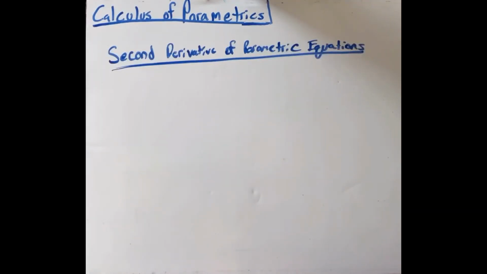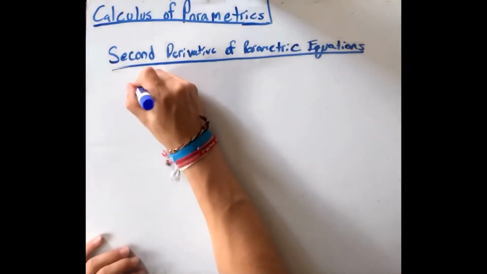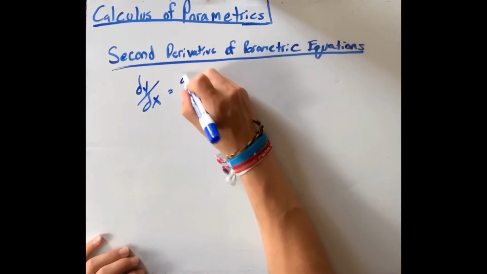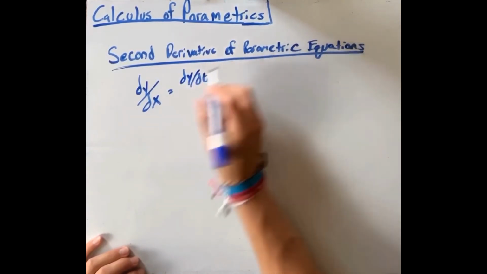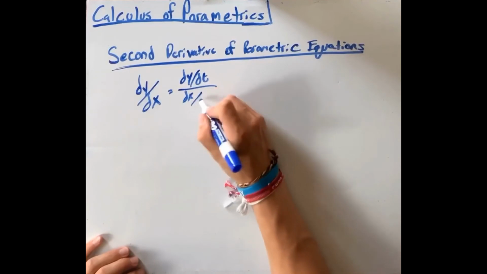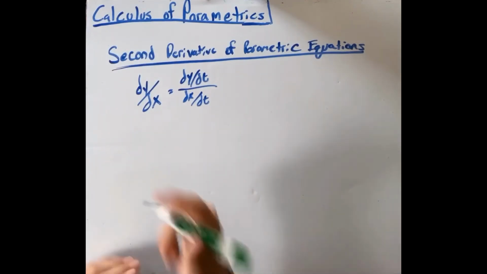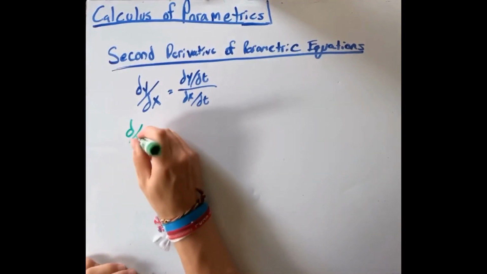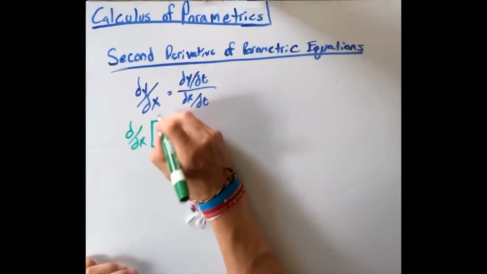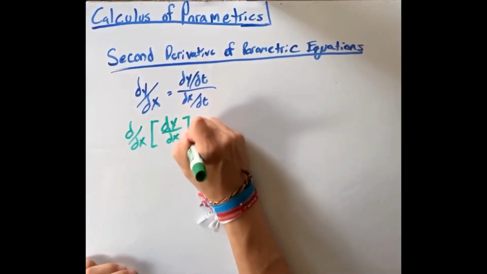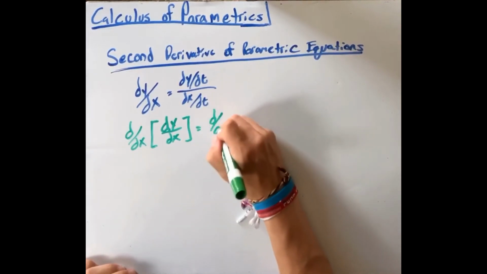Okay, so now we're going to look at how to find the second derivative of parametric equations. So we know the first derivative, dy/dx, is equal to dy/dt over dx/dt. And then in order to find the second derivative, we are going to take the derivative of the first side, dy/dx, and take the derivative of the other side.